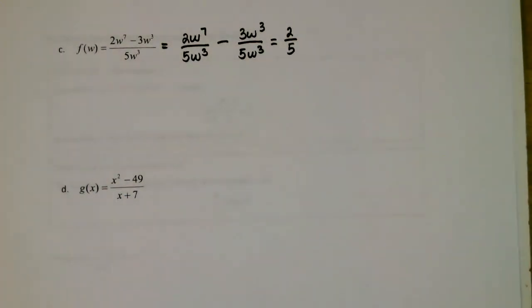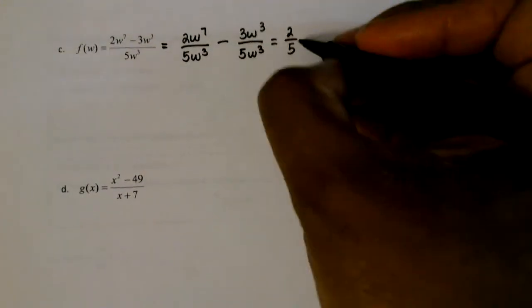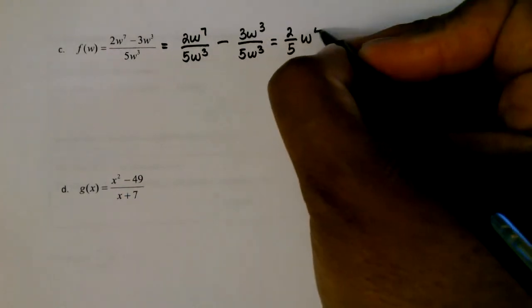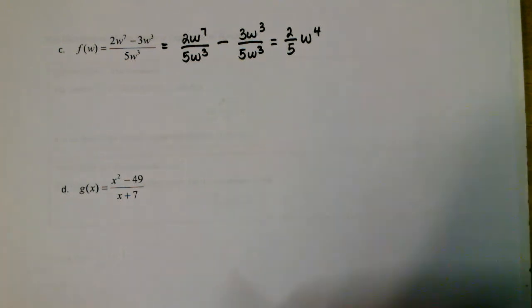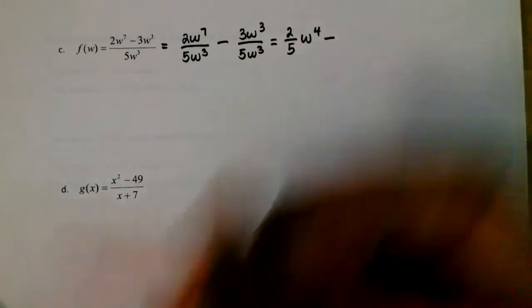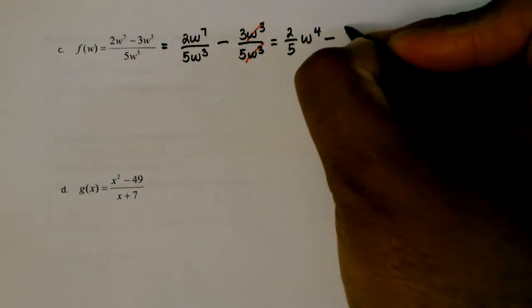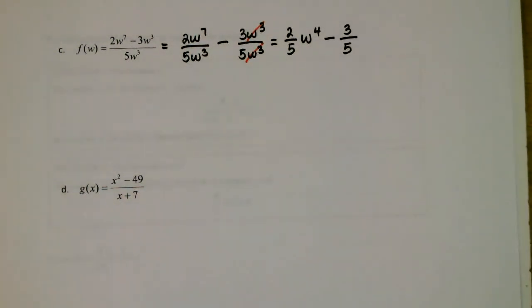Now, when I'm dividing powers of the same base, we bring down the base and subtract the exponent. 7 minus 3 will be 4. So I have 2/5 w to the 4th. And then minus the w cubed in the numerator and the denominator divides out. You'll be left with 3/5. So simplified, I get 2/5 w to the 4th minus 3/5.